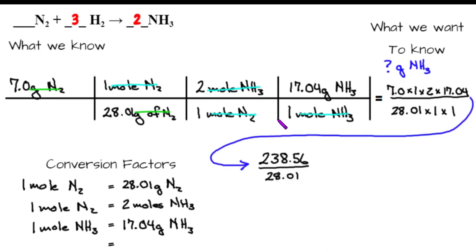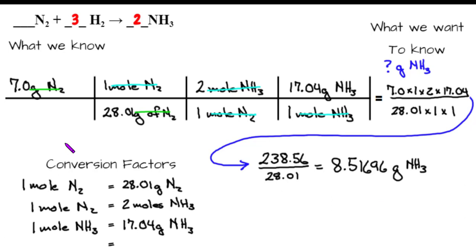So when I solve the top, I get 238.56. When I solve the bottom, I get 28.01. And then when I simplify that even further, I get 8.51696 grams of NH3.